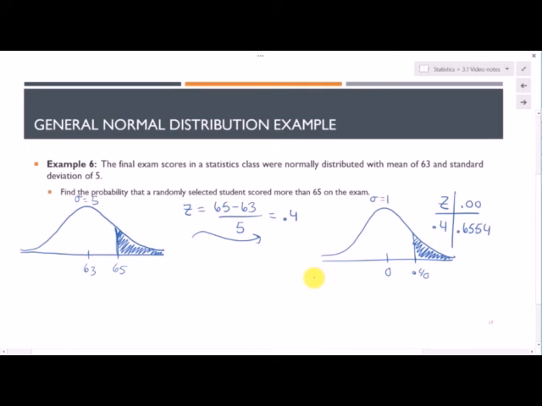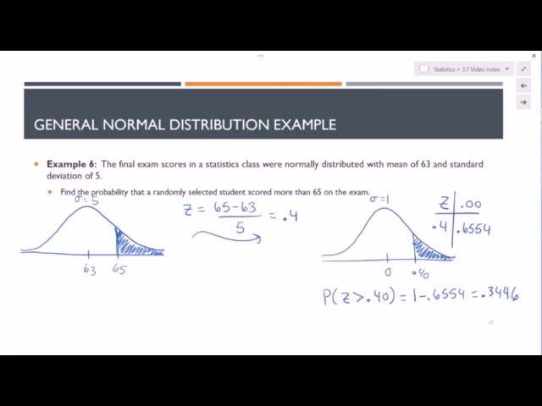So that the area above 0.40, the probability that z is greater than 0.40, is actually 1 minus 0.6554, which is 0.3446.